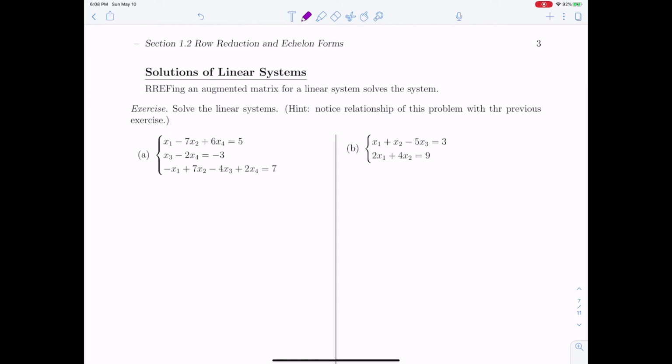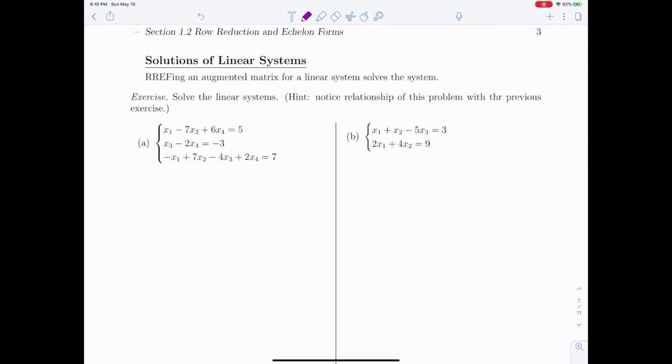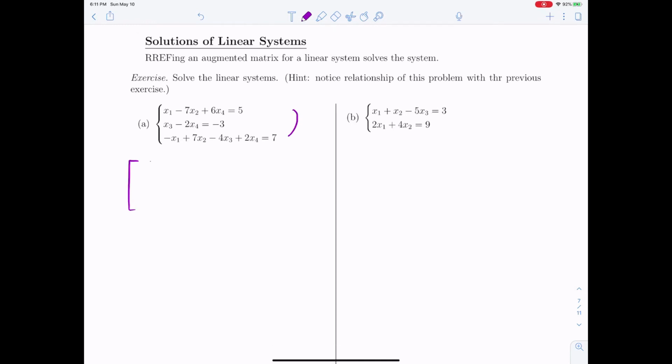So basically, RREF of an augmented matrix is equivalent to solving the system of linear equations. Okay, so basically, if you write the system of equations in terms of the matrix, we get 1, -7, 0, 6, and 5, 0, 0, 1, -2, and -3, and -1, 7, -4, 2, and 7.